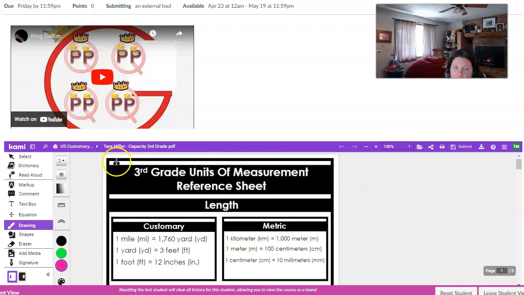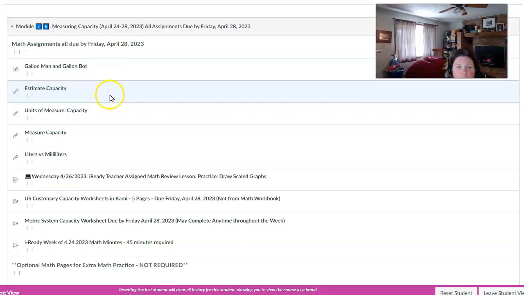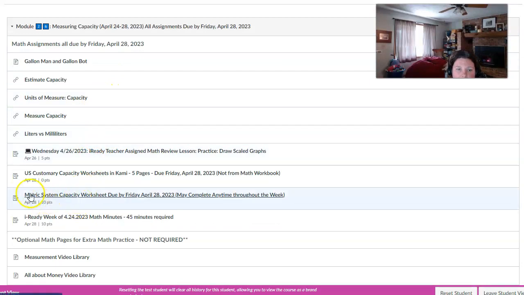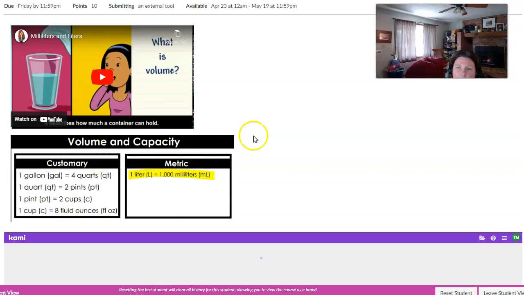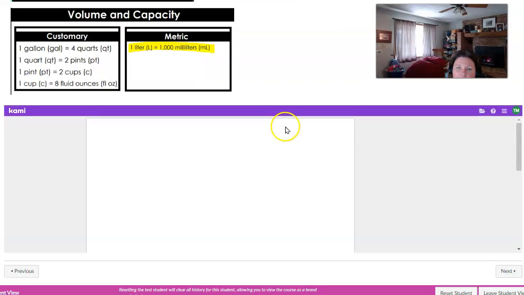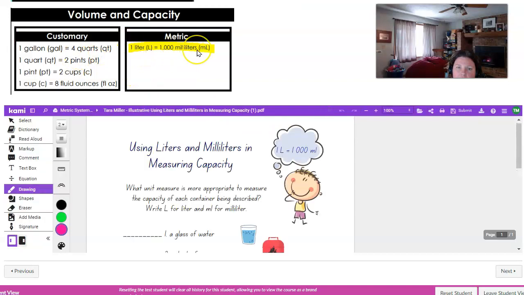Okay, for the last assignment, that is metric system capacity. So you'll be taking liters and milliliters and converting those back and forth.